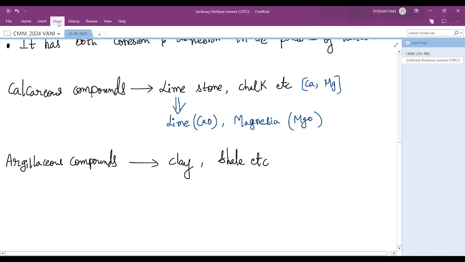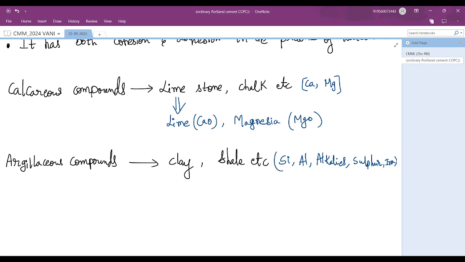Now, the pure compounds are elements. The elements present in these argillaceous compounds are silicon, Si, aluminium, Al, and then some impurities may also be present like alkalis, sulfur, iron.